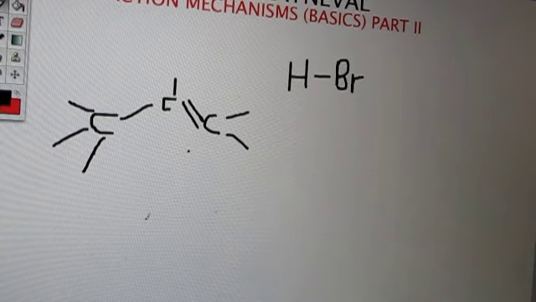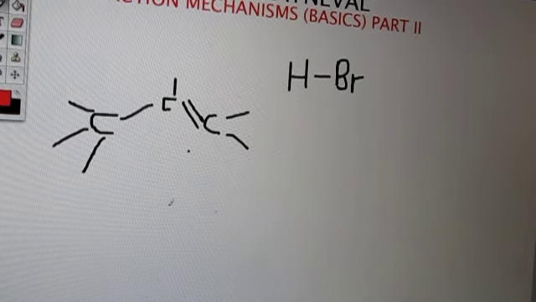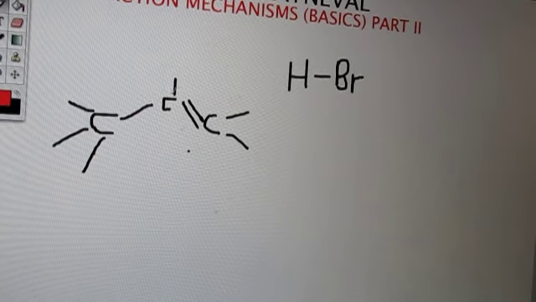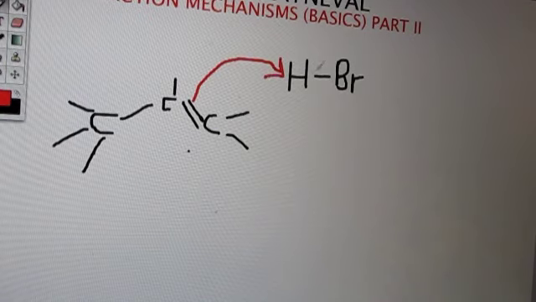Okay, so from the last video, we know that this double bond here is a nucleophile. It acts as a nucleophile, donating electrons to this here, which is the electrophile. Since the arrow points to the movement of electrons, double-headed as two electrons are moving, this is attacking this.